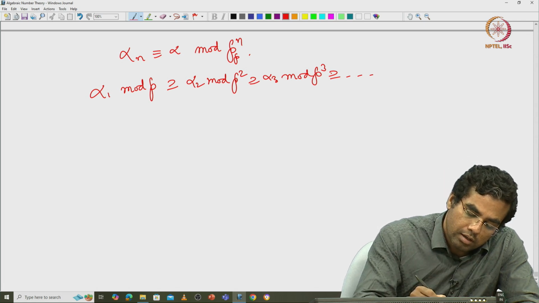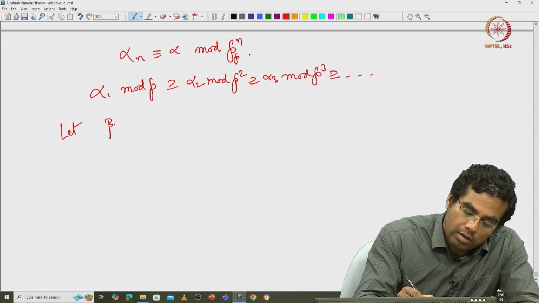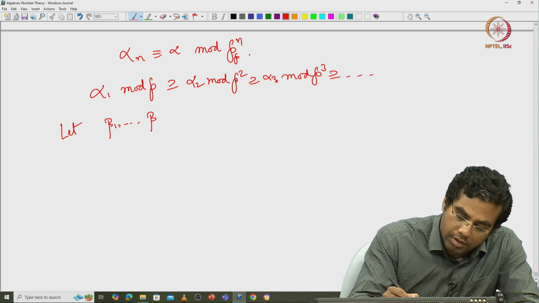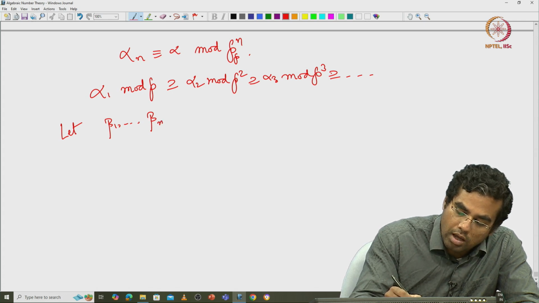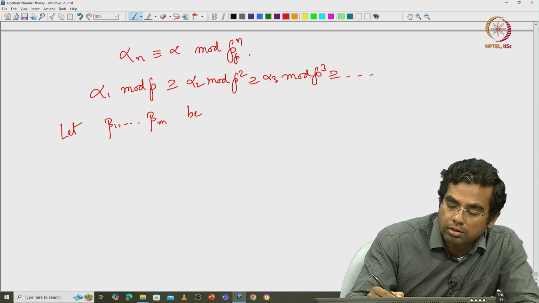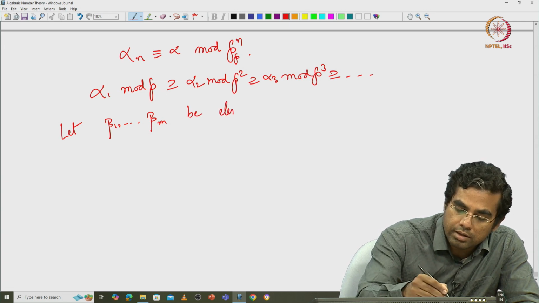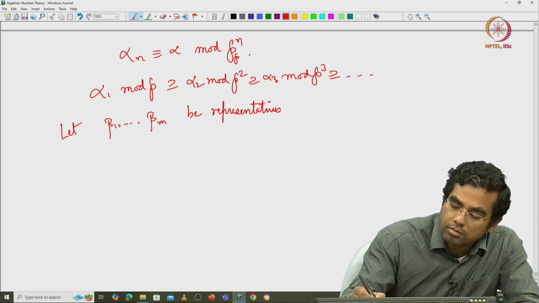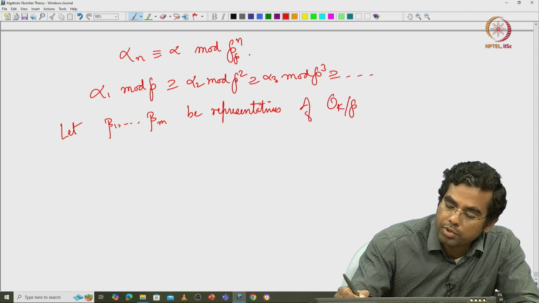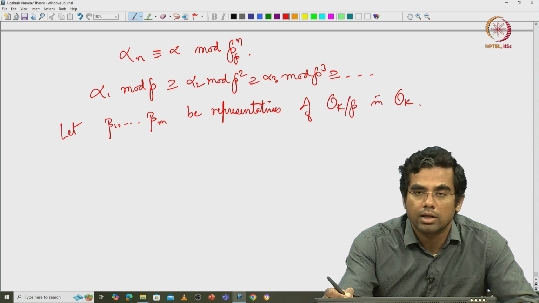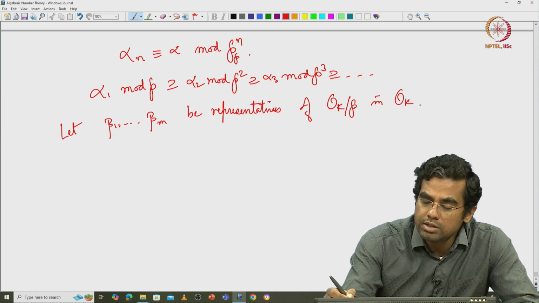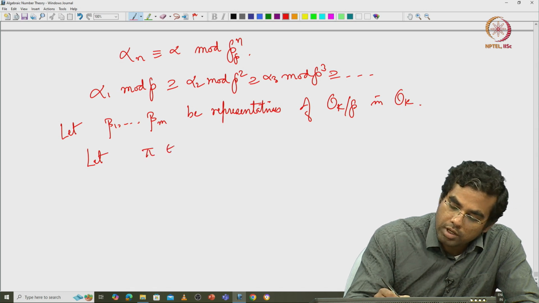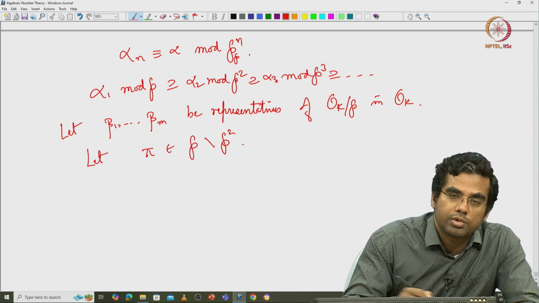So what I do is I let beta 1 up to beta, I don't know what to call it, let us say m, be representatives of O_K mod P in O_K. So I am taking elements of O_K that represent each equivalence class modulo P, and let pi be an element in P that is not in P squared.